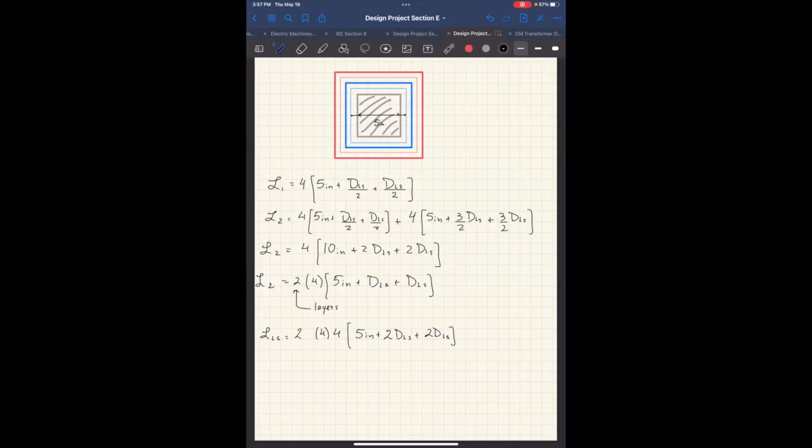So multiply by 26. So this 4 is how many layers? And this number, you can think of it as vertical layers, or you can think of it as turns. Let's call it vertical layers. It's better that way.